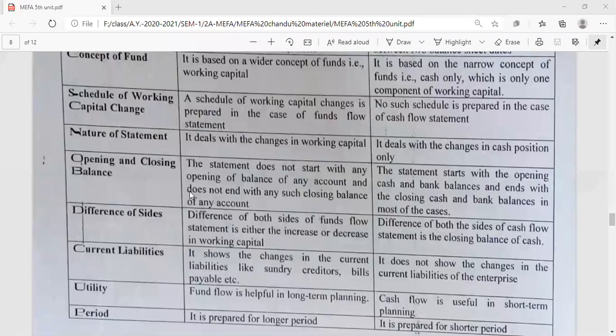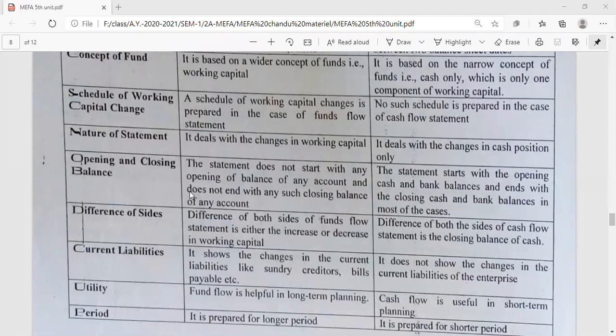Opening and closing balance. The fund flow statement does not start with the opening balance of any account and does not end with any closing balance of any account.